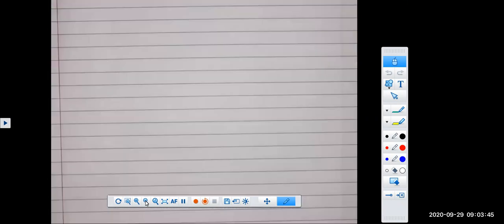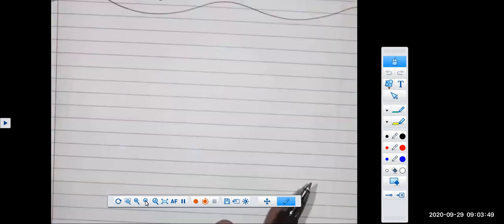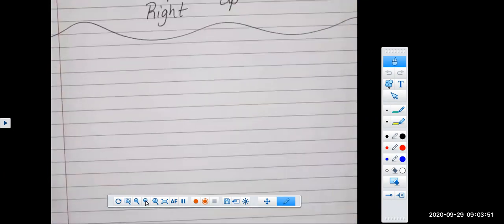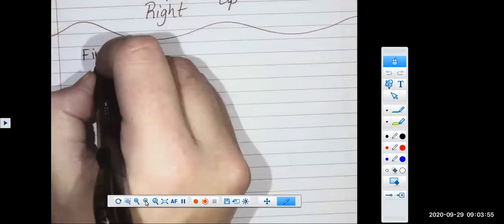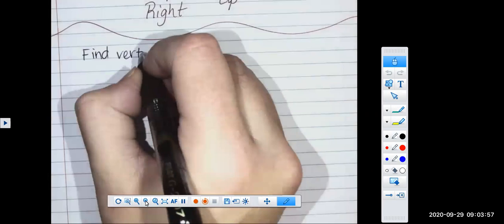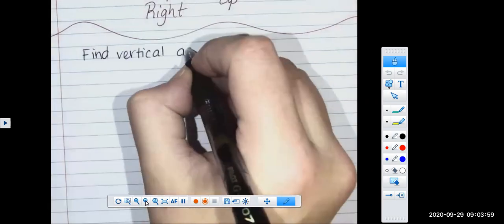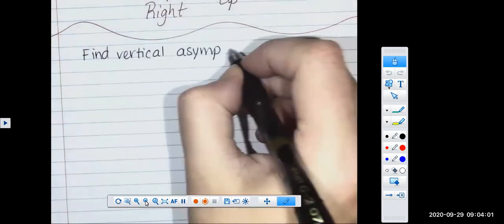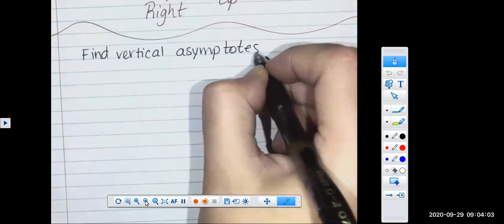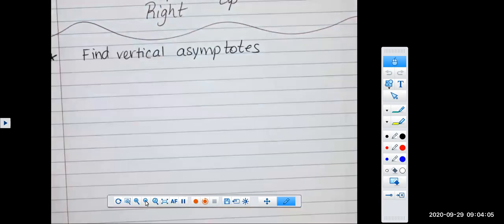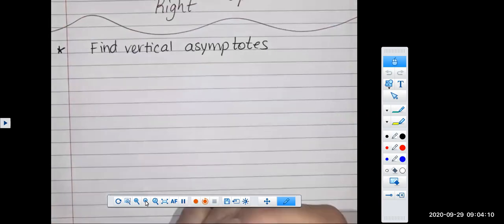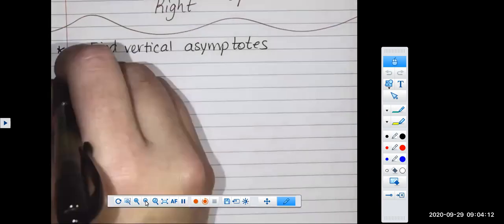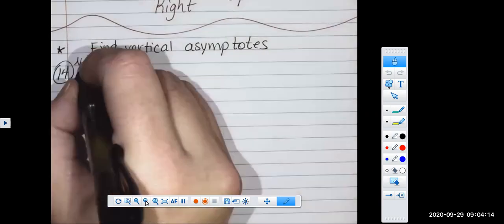Okay, let's look at this. Find the vertical asymptotes if there are any. This is number 14 in your notes.